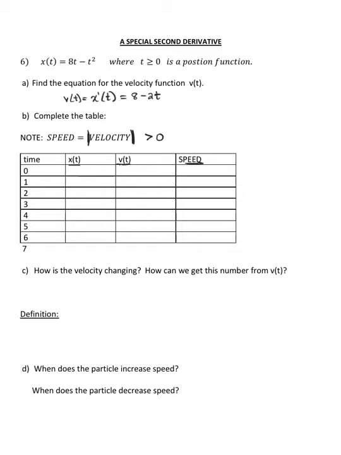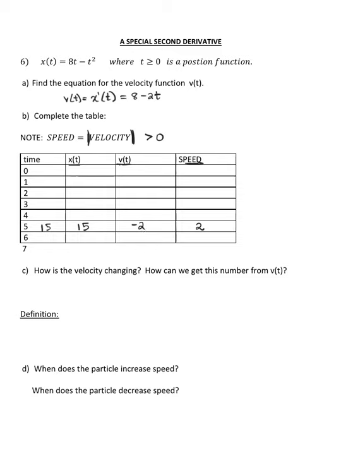So when t equals 5, the position is 15. The velocity, I'm sorry, I put it in the wrong spot. The position is 15. The velocity is negative 2. And the speed is 2, because it's the absolute value of the velocity.